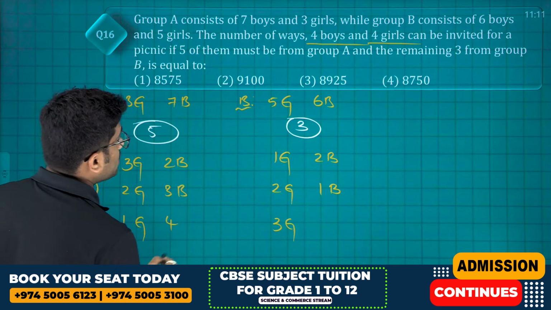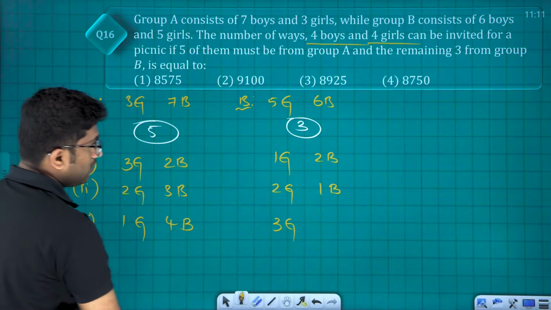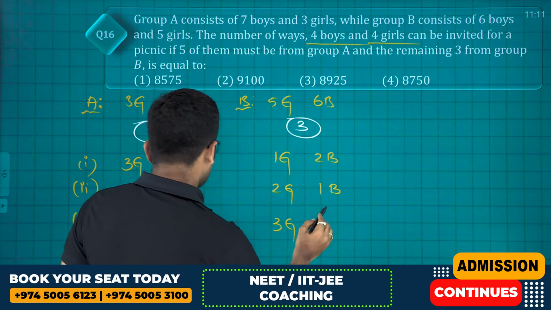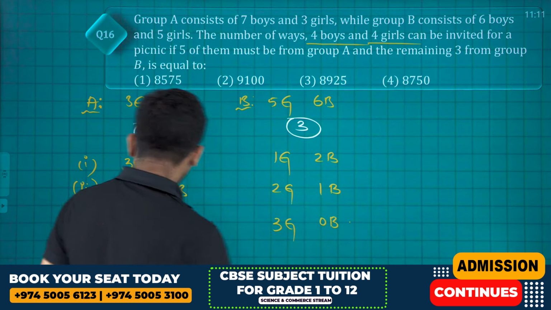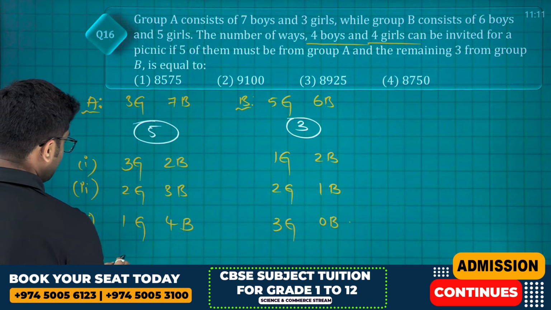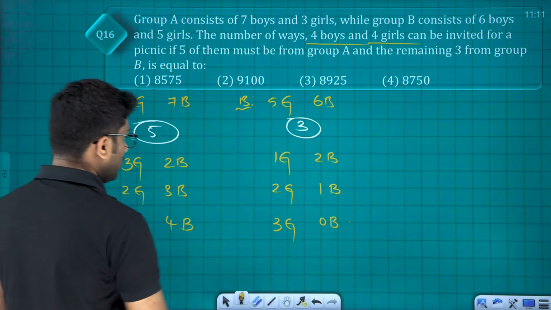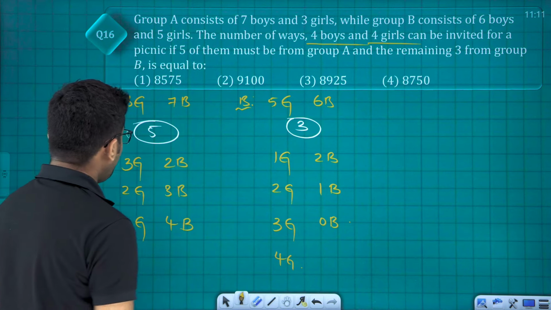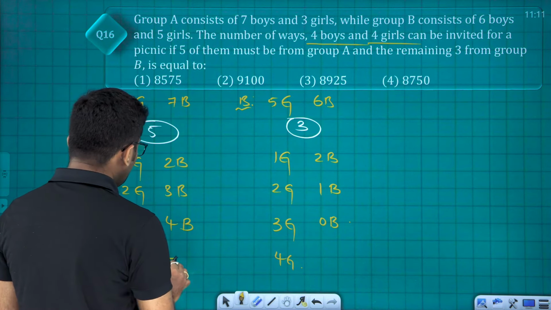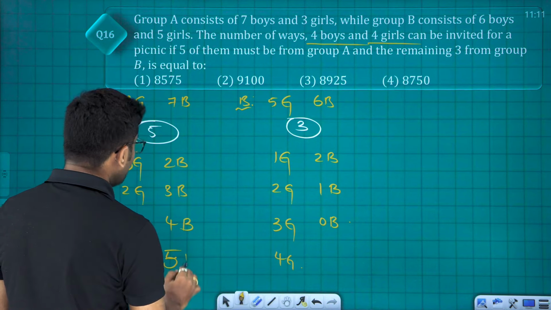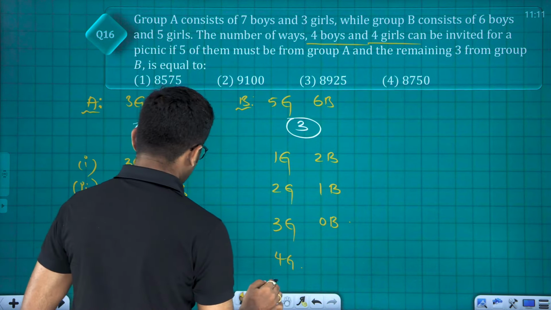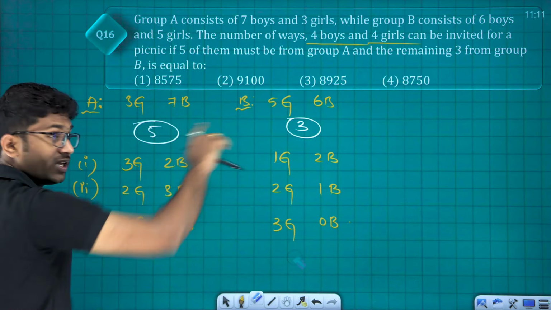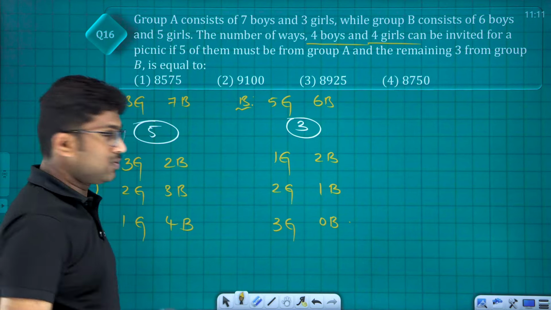Next 4 boys, here 4 boys, then here 0 boys. If I take 0 girls here, I have to take 4 girls from here and 5 boys from here. No, this should not exceed 3. So these are the only 3 possible cases.